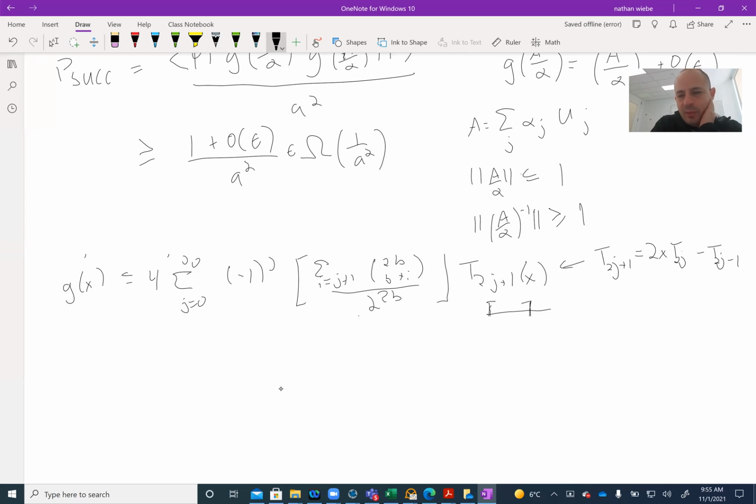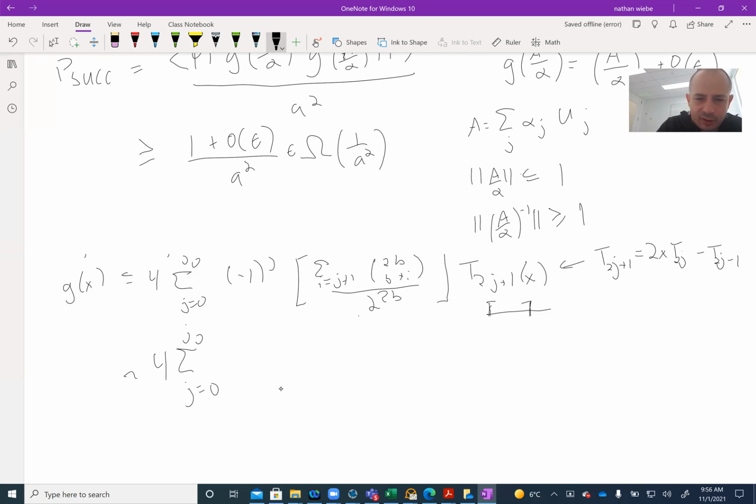So this ends up suggesting that the coefficients that we end up getting in the expansion of this can be rewritten as something that scales like the sum from j equals 0 to j naught.